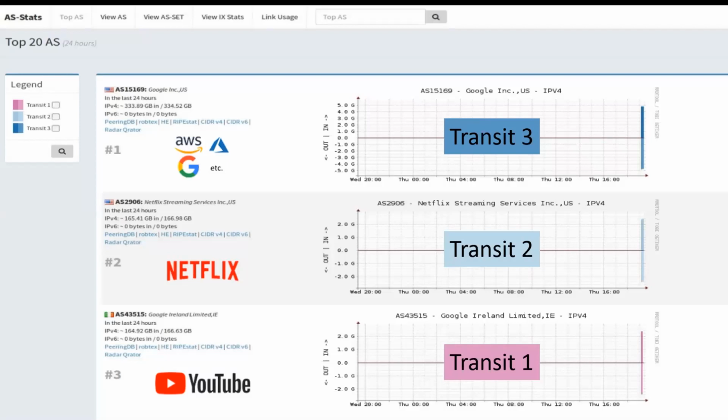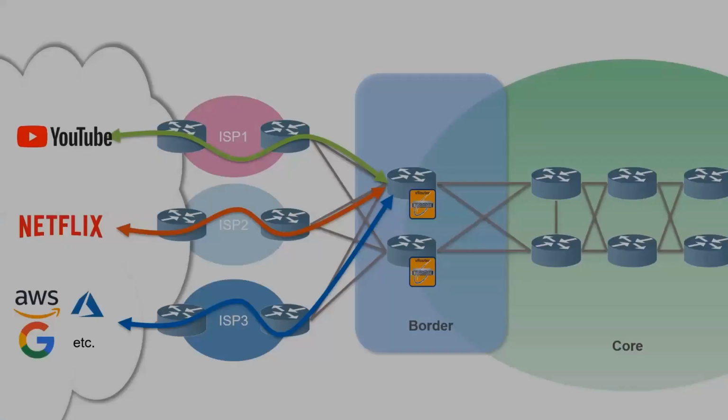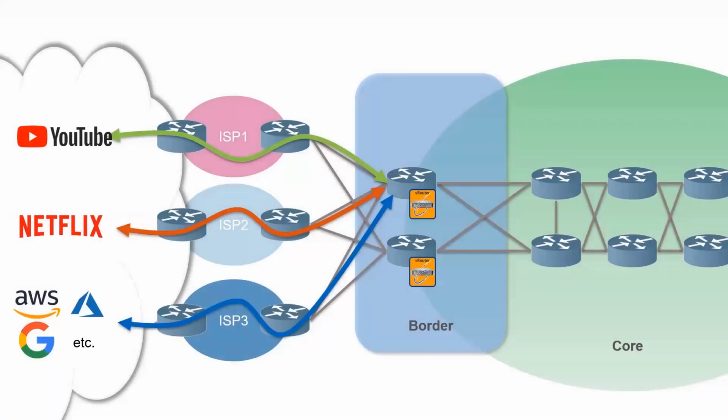It's now time to optimize network traffic. As we have seen, traffic to YouTube goes through ISP1, traffic to Netflix through ISP2, and traffic to the rest of the internet through ISP3 according to BGP and AS path selection.